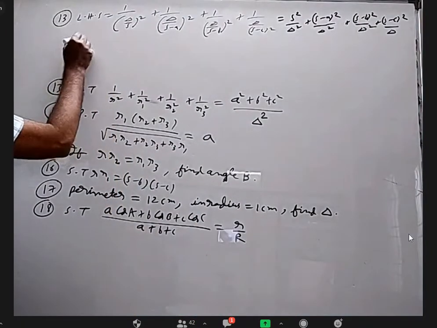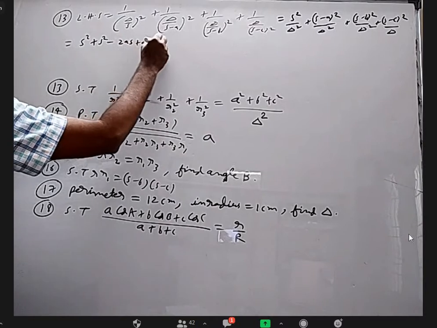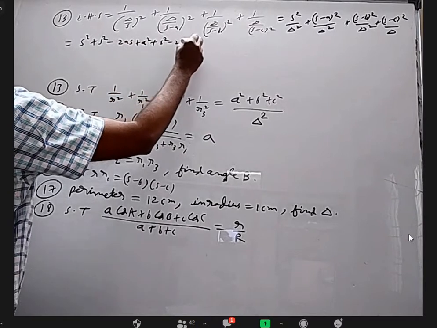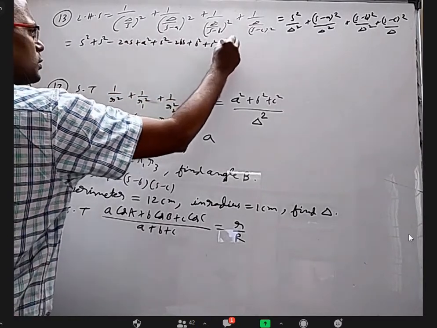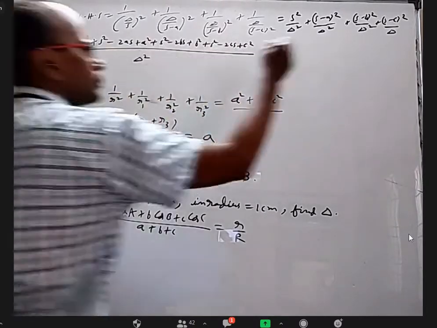I can just expand: S square plus S square minus 2AS plus A square, S square minus 2BS plus B square, S square minus 2CS plus C square, whole by delta square.